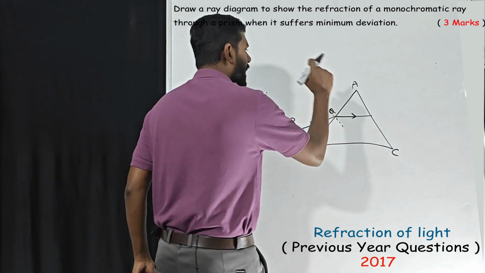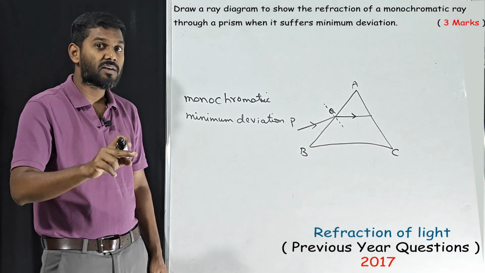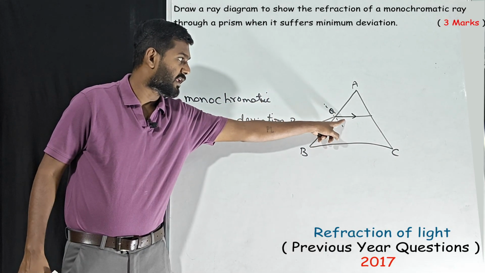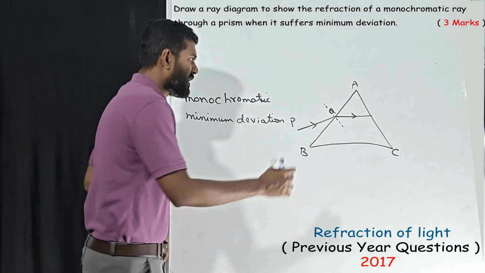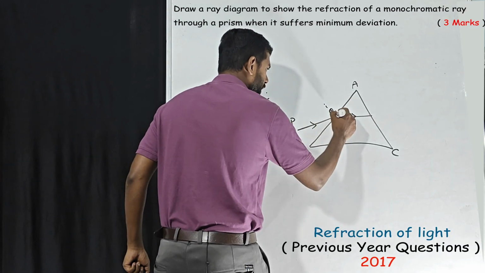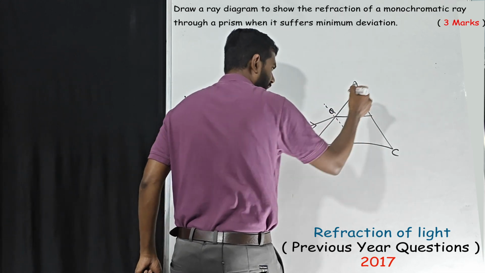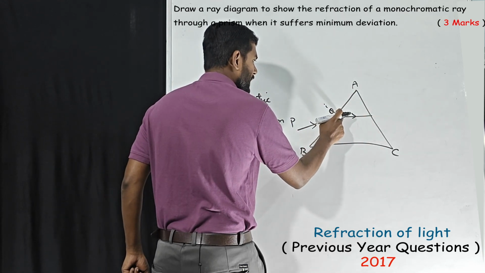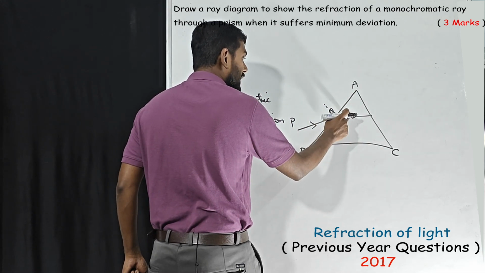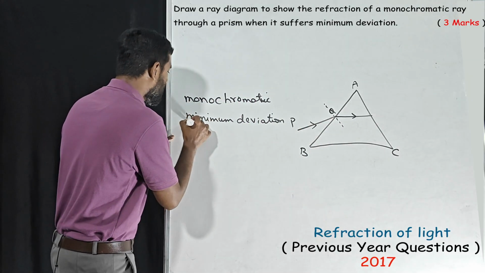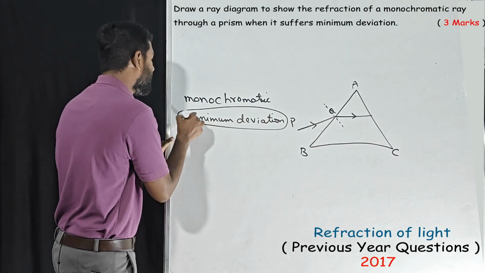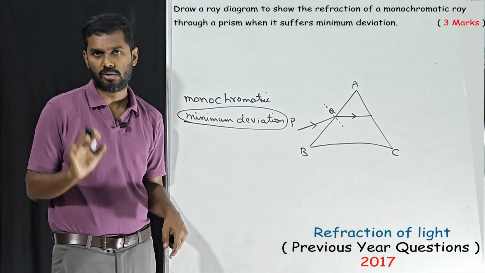See, inside there is a refraction, correct? Because there is a change in path. If there was no medium, the light would have traveled at this angle, correct? Because of the medium, it is getting refracted, and it has to be parallel to the base only when they mention minimum deviation. This is very, very important.